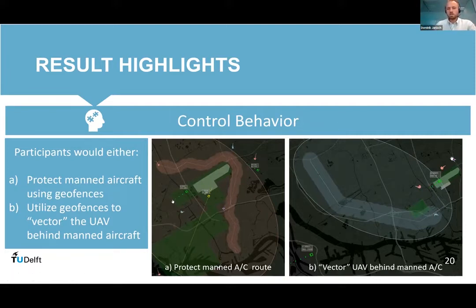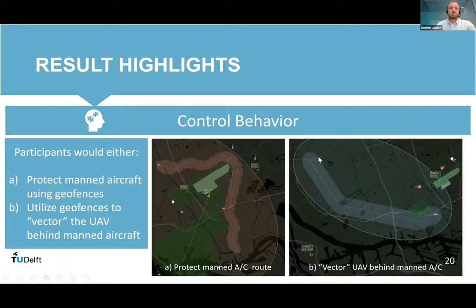And what they utilized was activating geofences solely for the purpose of redirecting vehicles around the geofence. So this geofence that you can see here is actually not protecting any type of airspace or manned aircraft. It just serves the function of rerouting a particular UAV.